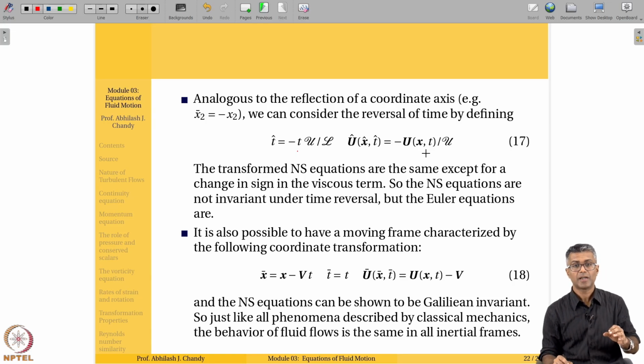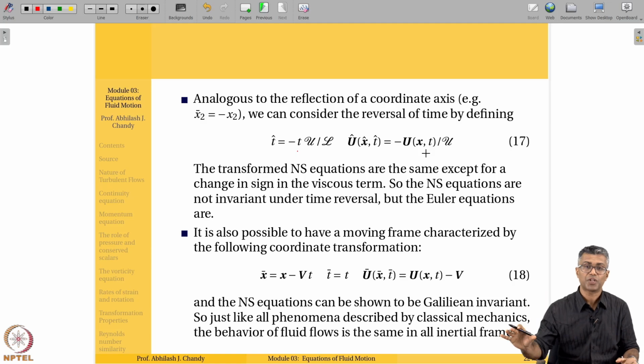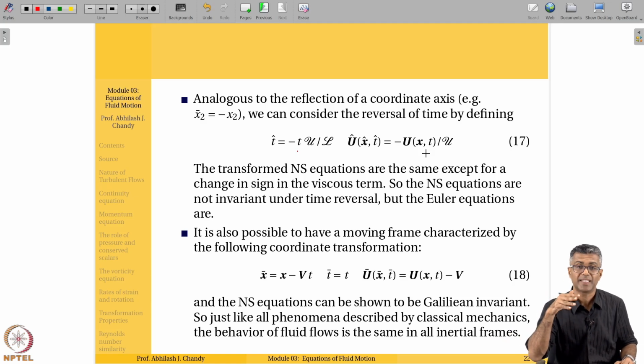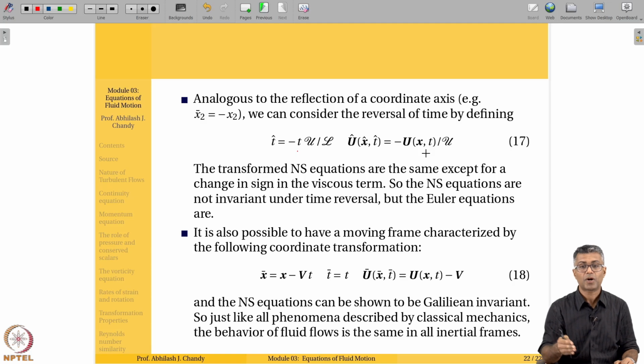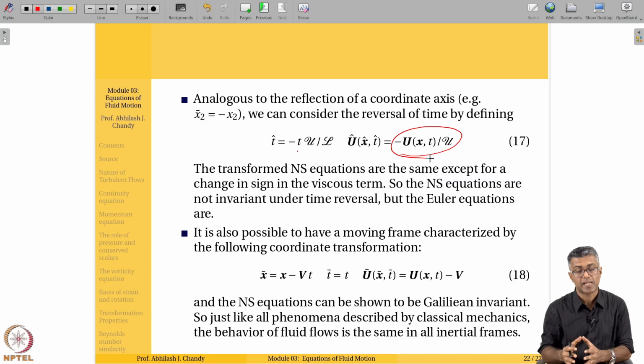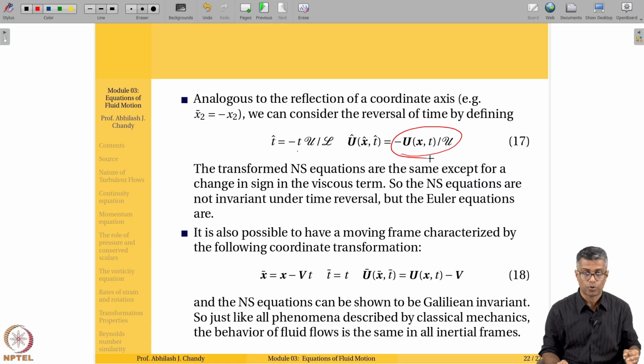When you substitute this into the Navier-Stokes equations, everything else remains the same except for the viscous term, because the derivative is taken twice. There is a change in sign in the viscous term. So now the Navier-Stokes equations has been modified. So they are not invariant to a time reversal. They are invariant to translation, invariant to reflection or rotation, but they are not invariant to time reversal.